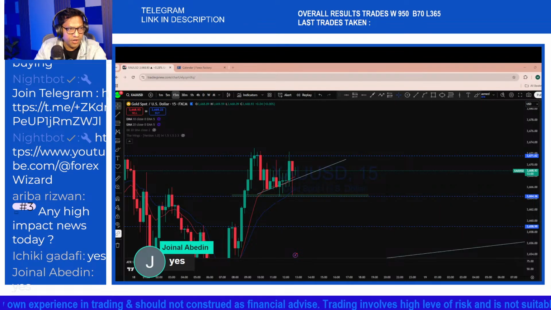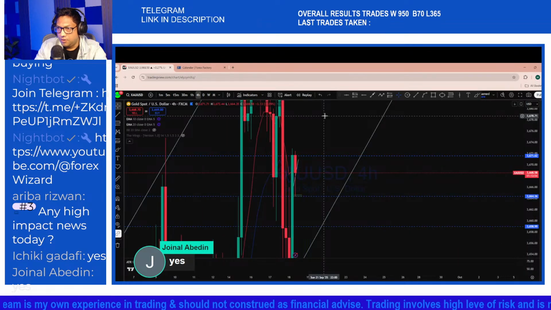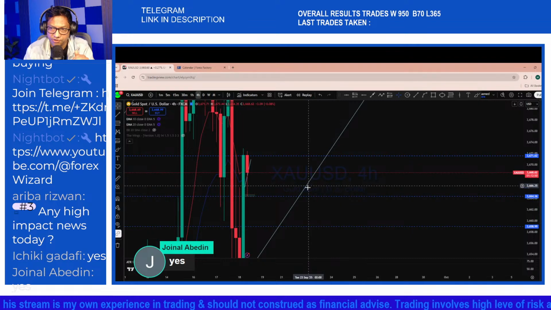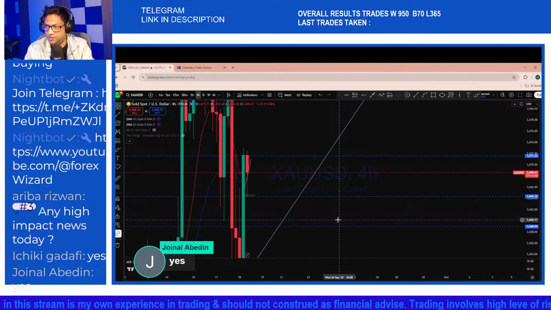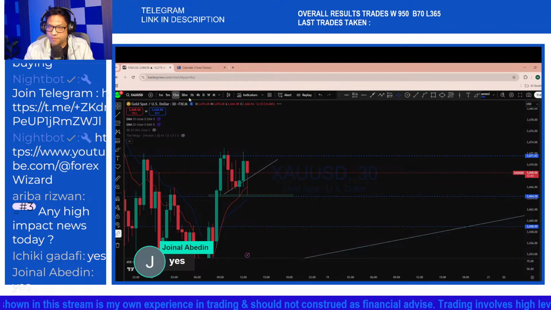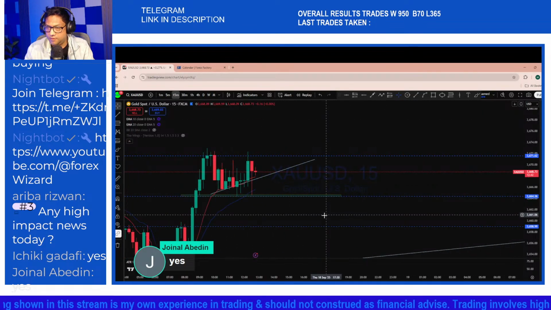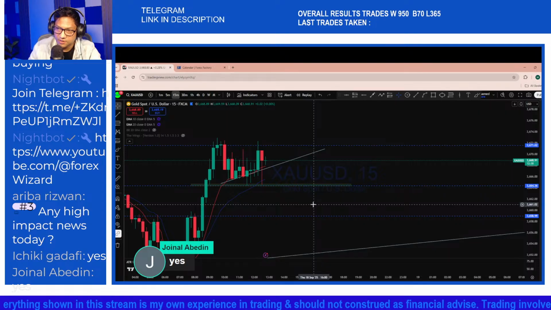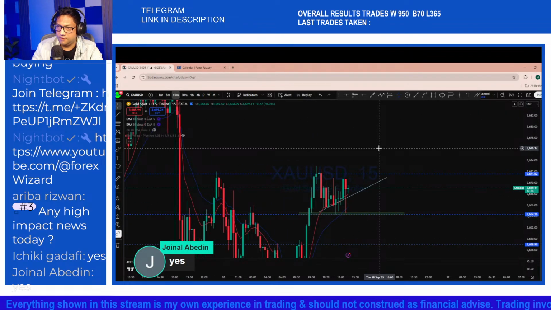Looking for an entry. We cannot enter until we see that right entry place, which is currently 3364.36, and breaking that low could give us an edge in the market.